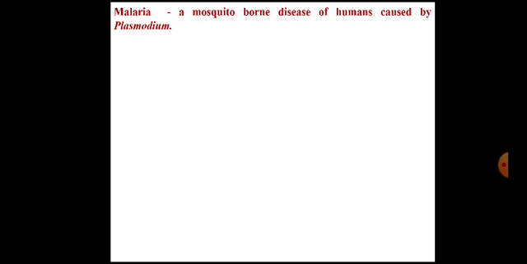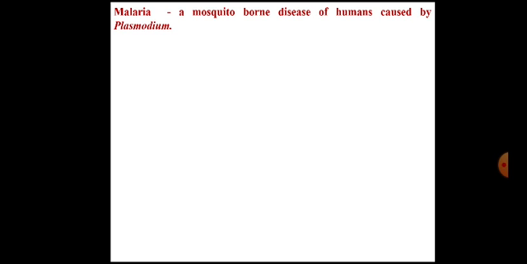Malaria is another important disease, very common throughout the world, which is caused by Plasmodium. There are several species of Plasmodium; Plasmodium vivax and Plasmodium falciparum are more common, and are responsible for the production of disease through the bite of infected mosquitoes.